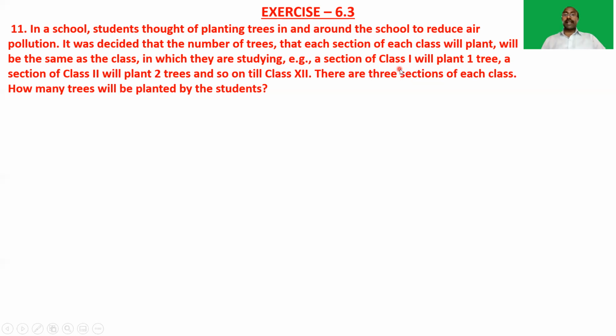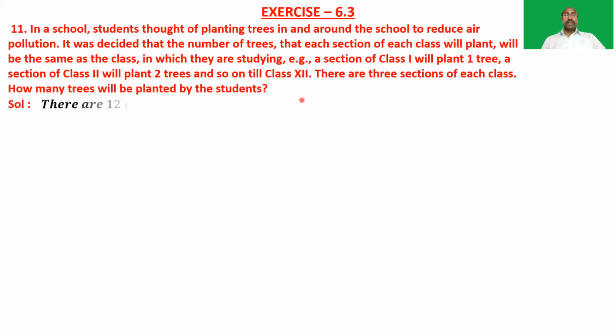The students of class 1 will plant one tree, the students of class 2 will plant two trees, and similarly students of class 12 will plant 12 trees. And each class has 3 sections. So how many trees will be planted by the students? That is the question.